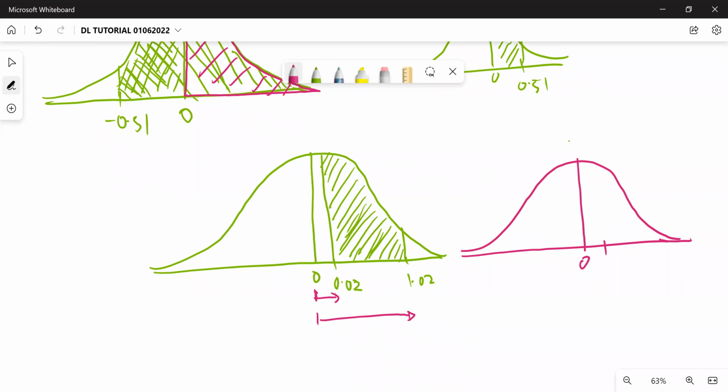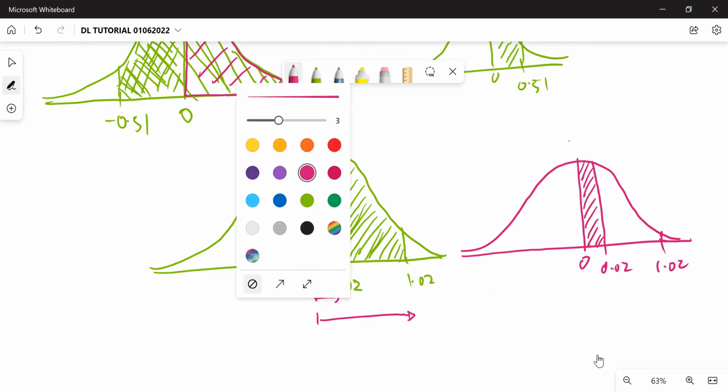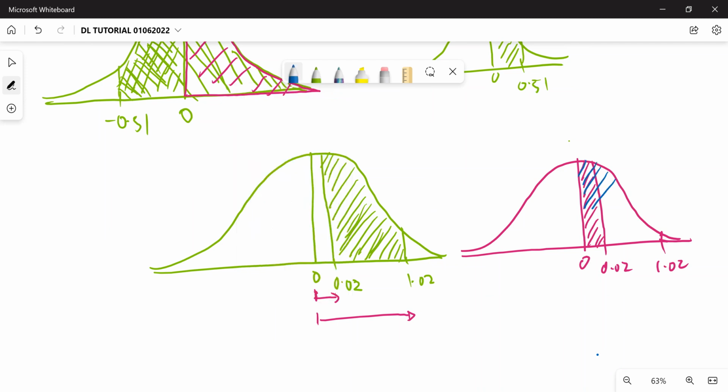So you have 0, then 0.02, 1.02. So the first reading from your table will give you this. Then the second reading from your table will give you this. So you see this part has been shaded.